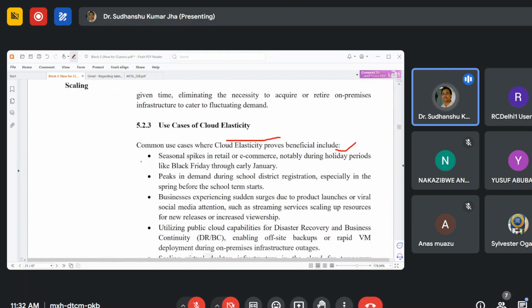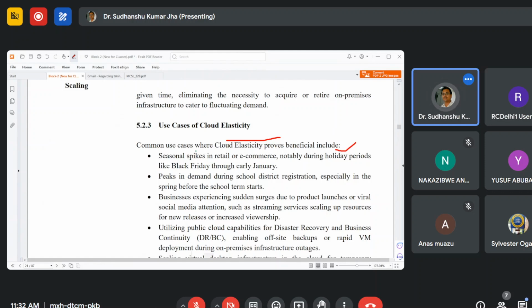Just take an example of Amazon.com, the e-commerce site. Why is elasticity required? Suppose on a day-to-day basis, in a general day, Amazon receives 1 million orders and services them.